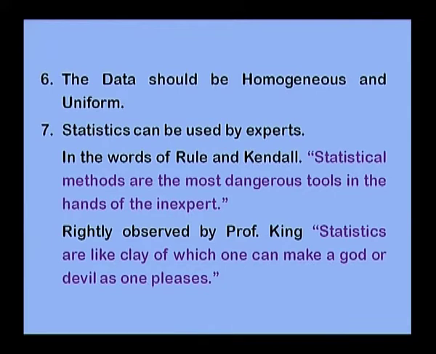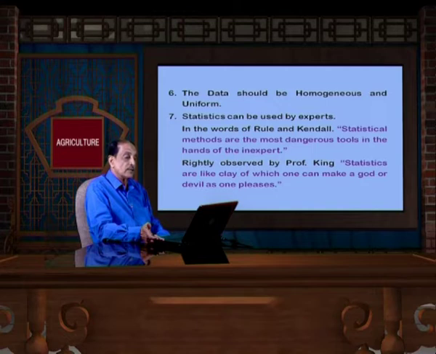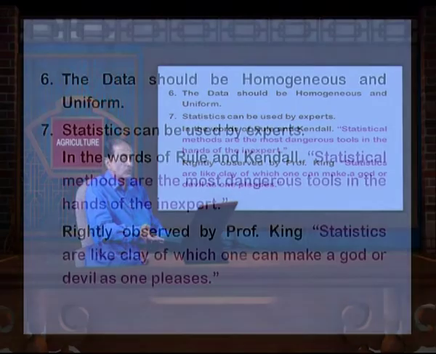And next is, data should be homogeneous and uniform. Data so collected should be homogeneous and uniform, or we can say the information collected should be quite relevant. If the information is irrelevant and not related to the purpose for which it has been gathered, then definitely the purpose for which the information has been collected will not be served.